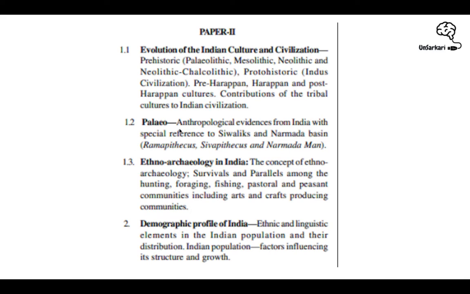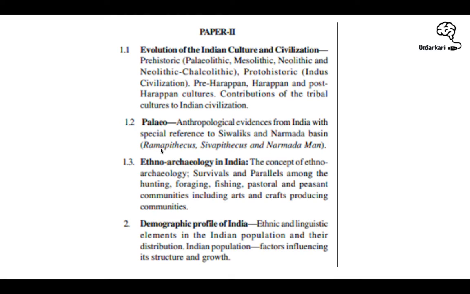The next unit is on Paleolithic age. If you remember in paper 1, we did unit 1.5, where the phylogenetic status and all those terms like Australopithecus. This one particularly corresponds to the findings in India. So Ramapithecus, Sivapithecus, Narmada man.